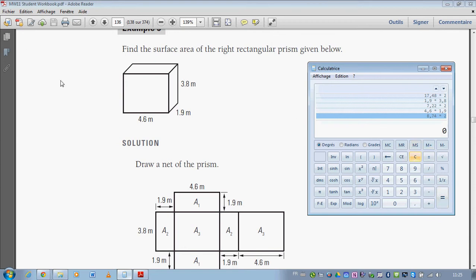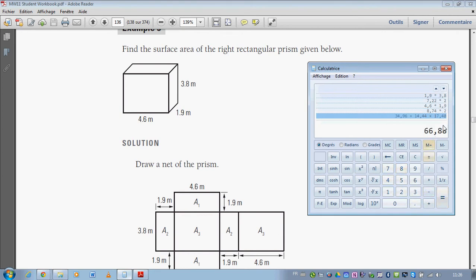Okay, so we had 34.96 as the area of the front and back. We had 14.44 as the area of the sides, and we had 17.48 as the area of the top and bottom.